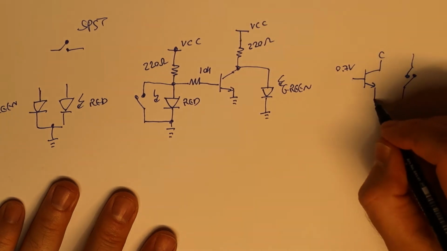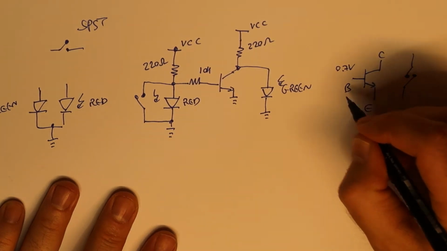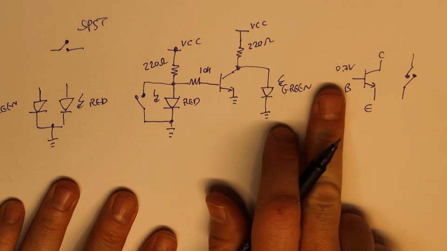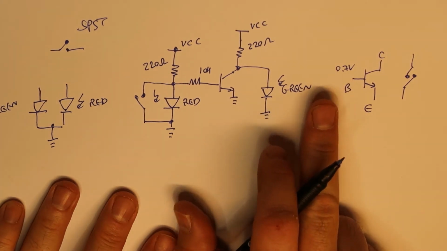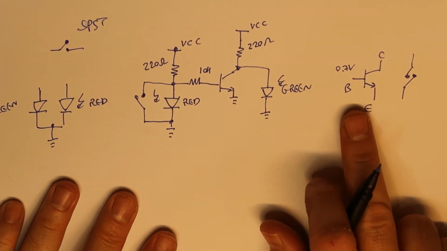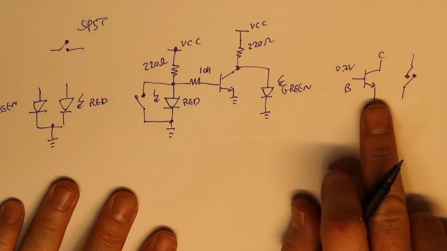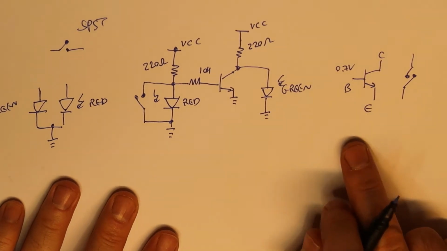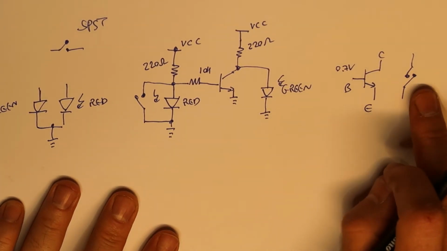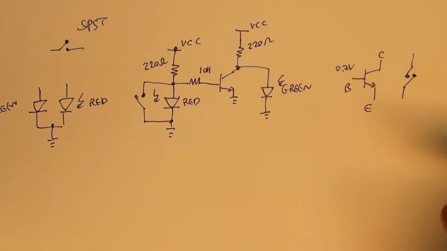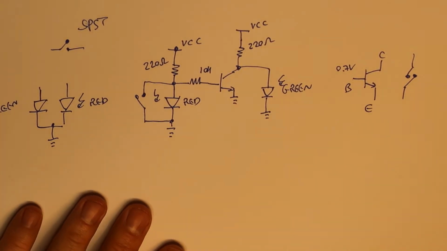By the way, this is the collector, this is the emitter, and this is the base. If I don't have a voltage here, there is no current through the transistor; it is off and not conductive, like an open switch. This is how it works.